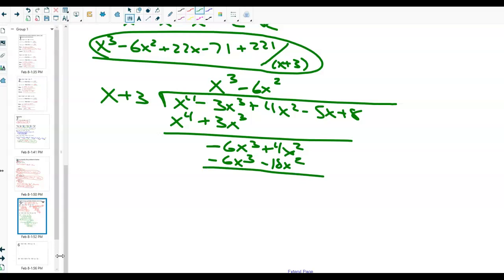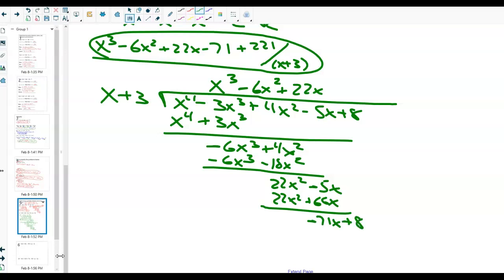4 minus negative 18, that's 22. 22x squared minus 5x, bringing that next term down. What times x gives me 22x squared? 22x. 22x squared, 66x. Negative 5 minus the 66, negative 71x plus 8.